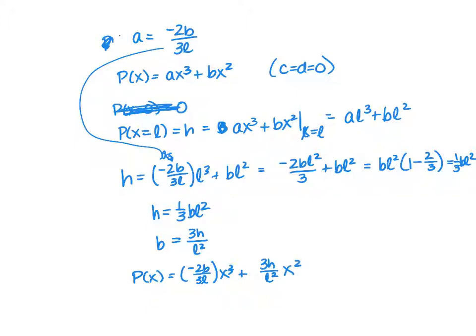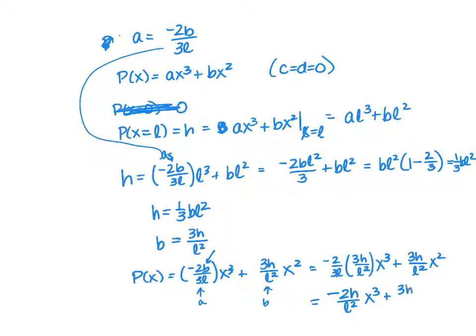Remember, this is what I found a was, and this is what I found b was. But here's a b, and I have to substitute that. So I get minus 2/3 over L times 3h over L squared x cubed plus 3h over L squared x squared. So my p of x ends up to be minus 2h over L cubed x cubed plus 3h over L squared x squared.